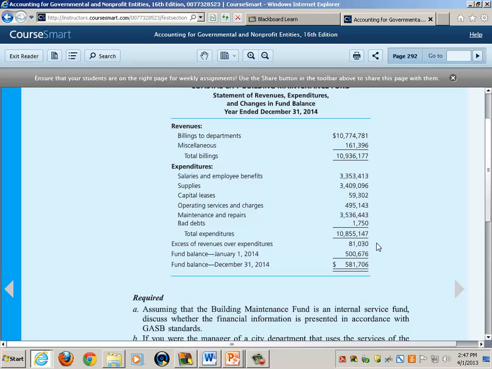Number 14, which of the following is true regarding government-wide financial statements? Well, the answer to this is we do not have a cash flow statement which goes with government-wide statements. The only cash flow statement we know is the one that goes with proprietary fund statements. Number 15, which of the following is true with respect to special revenue funds?